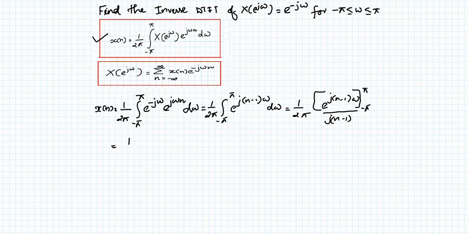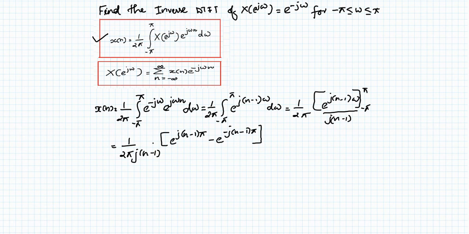Again apply the limit: 1 by 2 pi j n minus 1 into e raised to j n minus 1 pi minus e raised to minus j n minus 1 into pi.